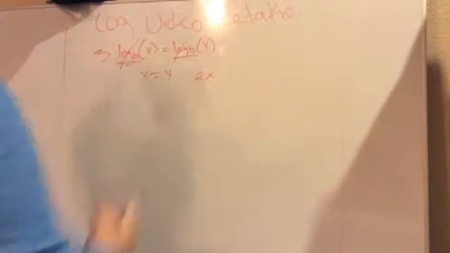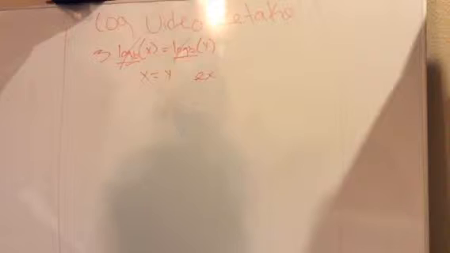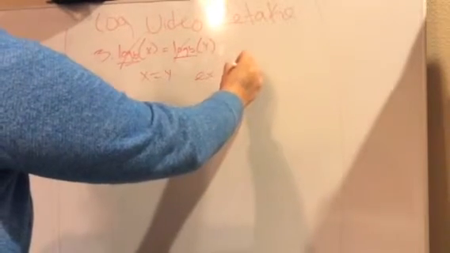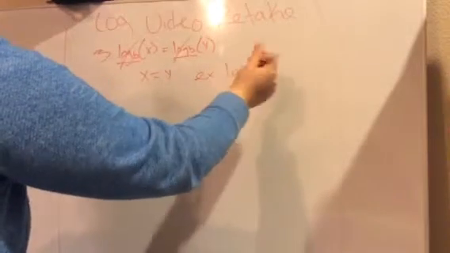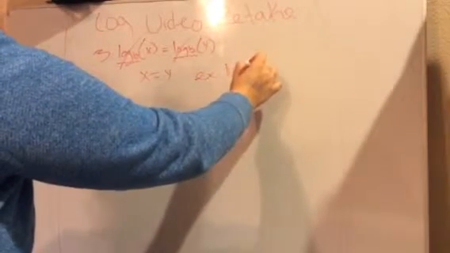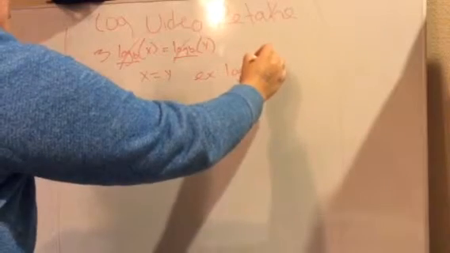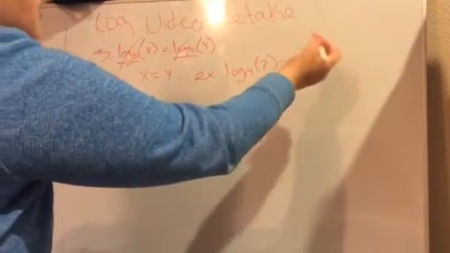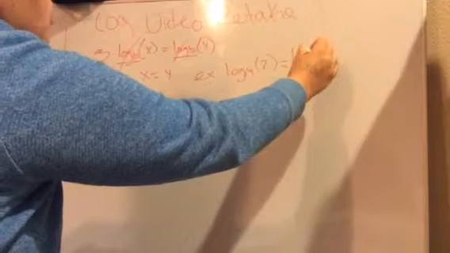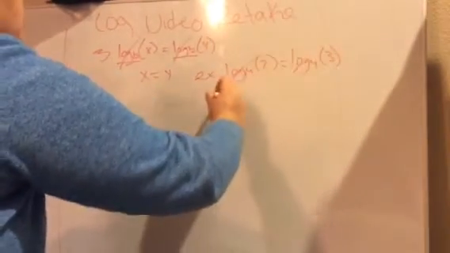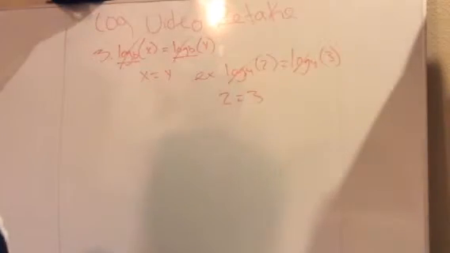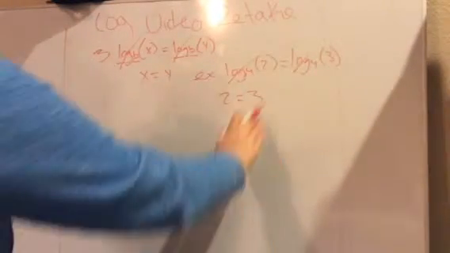An example of that would be, say, log of 4, say 2 equals log of 4 3. So it would be cross these out, 2 equals 3, which makes no sense, but whatever.